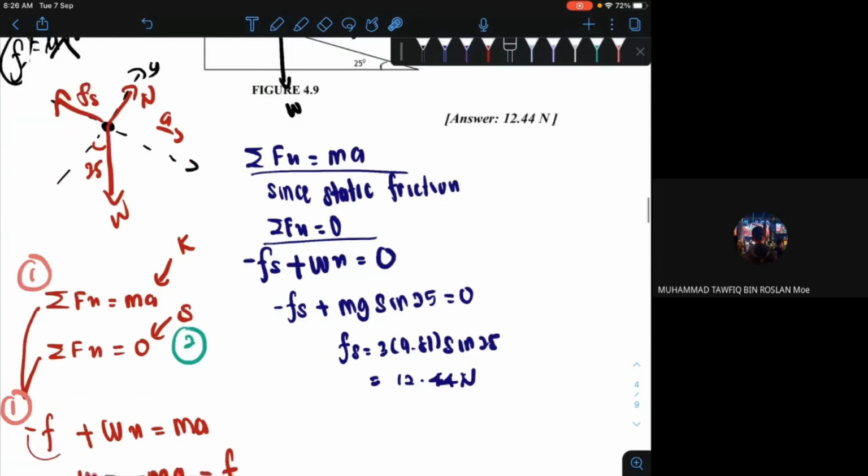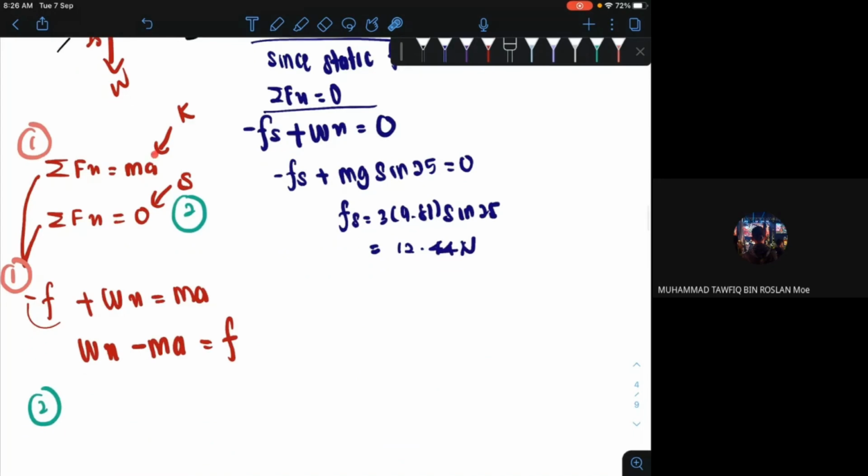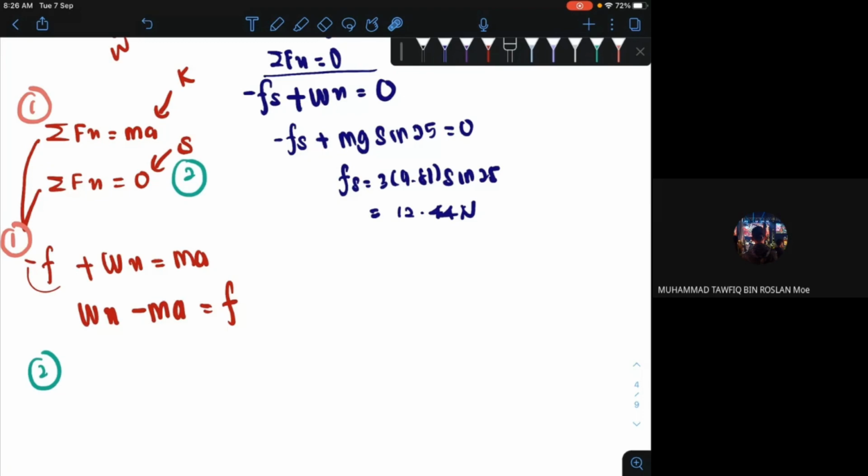Dua jenis force sahaja. Cuma antara total dia sama dengan ma ataupun kosong. Kalaulah dia kes kedua, static friction, kamu akan ada negative friction plus wx akan sama dengan kosong kali ni. Alright, saya bawa friction ke kanan sebab nak positifkan. So wx saya akan sama dengan friction.